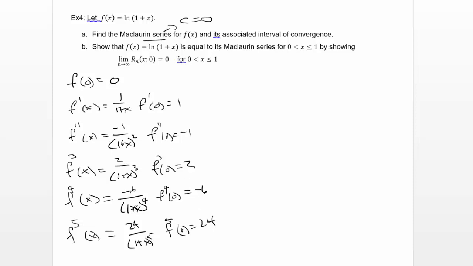I've seen these numbers before. This is 1. The next one is just the previous term times 2, times 3, times 4. This is 4 factorial. This is minus 3 factorial. This is 2 factorial. This is minus 1 factorial.